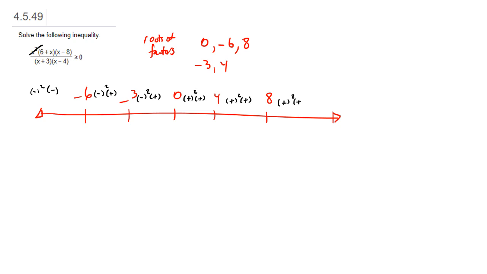I like to go through factor by factor. The factor of x minus 8 changes at x equals 8. Okay. The factor x plus 3 changes at x equals minus 3.